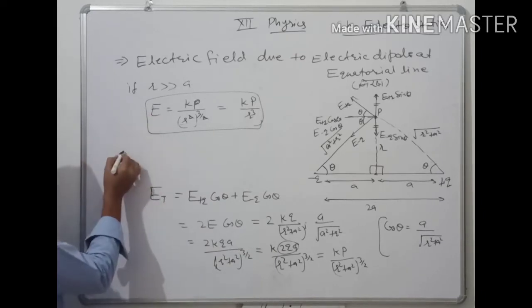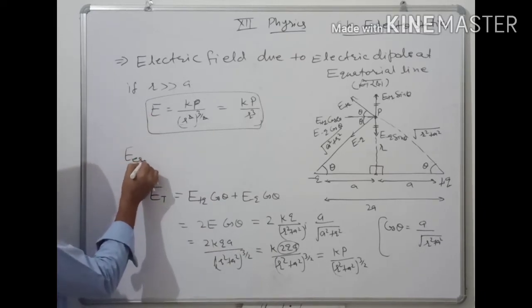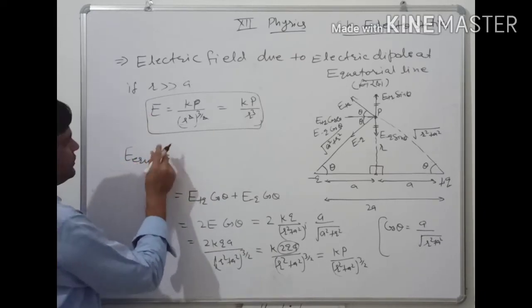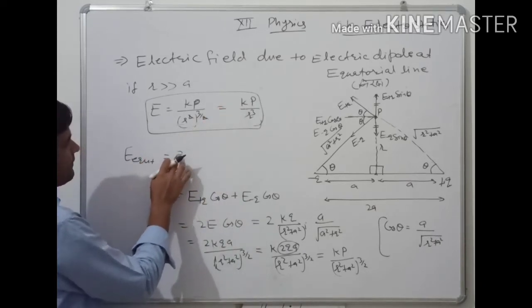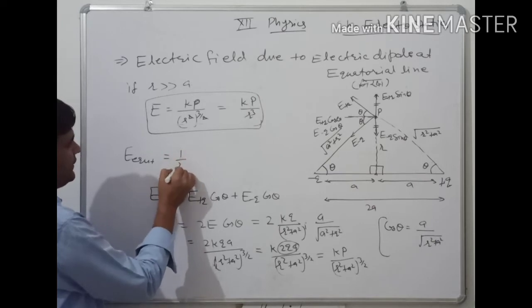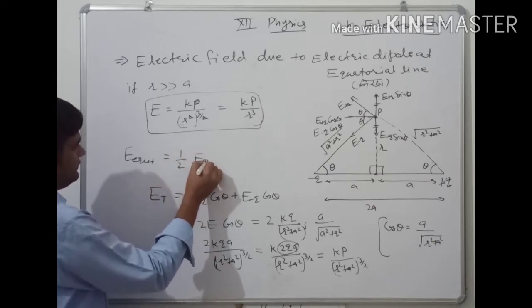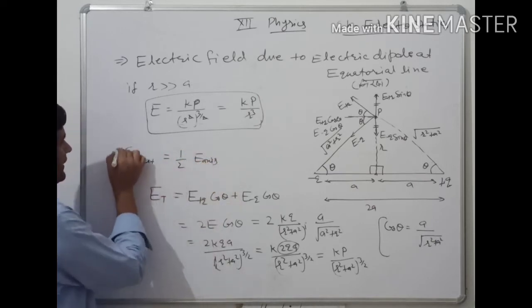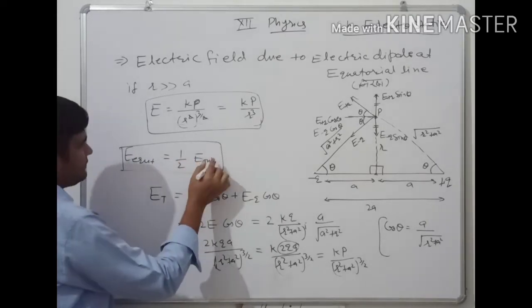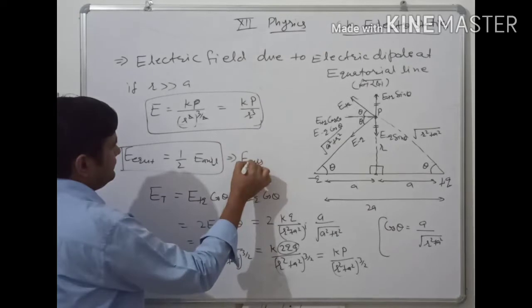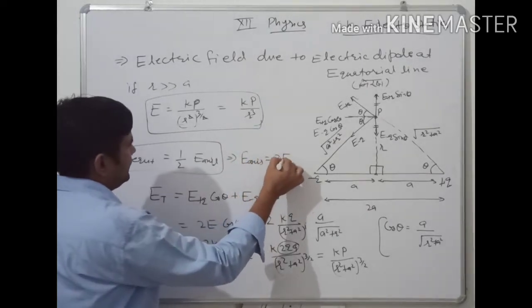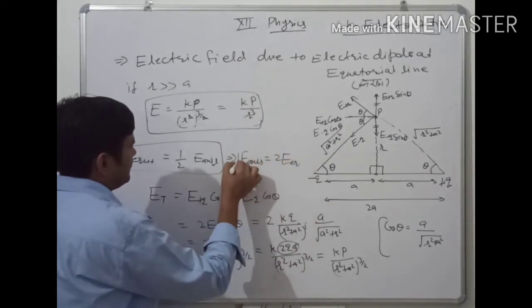It is to be E equatorial equal to 1/2 into E axial, or we can write it in terms of E axial equal to 2 into E equatorial. Clear?